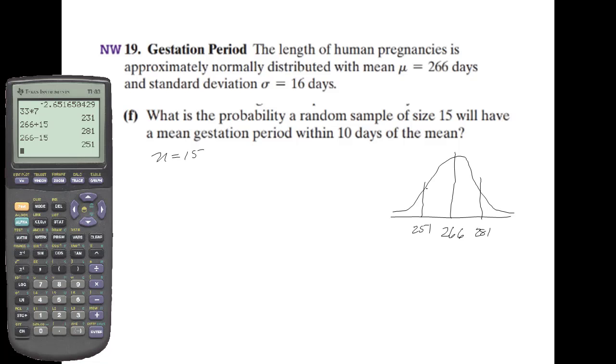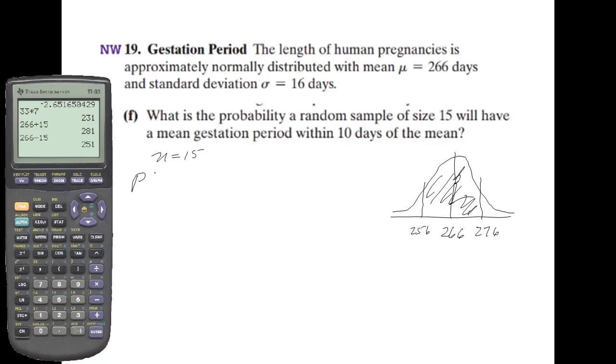So I want to be within 10 days, my bad. I thought it said 15 days. 15 is the sample size. So 10 days would make this 276 and then 256. All right, so I want to find the probability that they fall in that range.